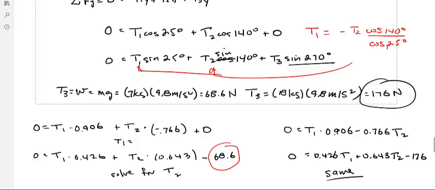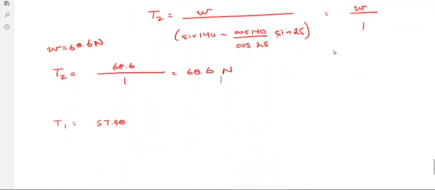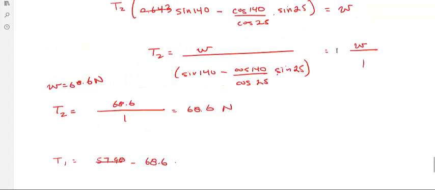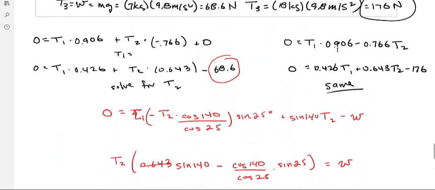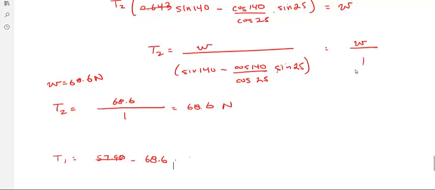And then T1 would be negative T2 cosine of 140 over cosine of 25. So if you substitute that in, we take negative 68.6 times the cosine of 140 over 25. You'll get 58.0.